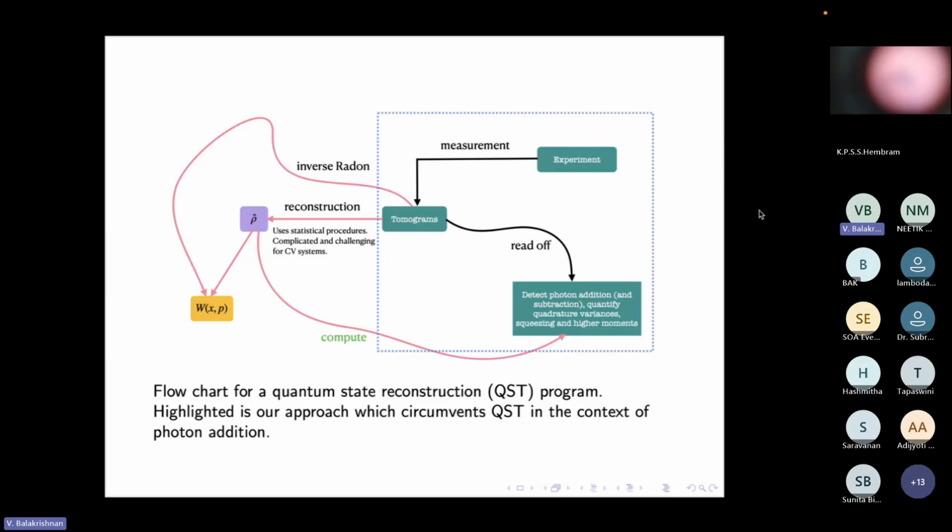Is there a way of reading off these properties, physically relevant quantities, directly from the tomogram through straightforward, simple calculations, which can readily be done? So if you notice, there is this rectangular outline in blue, and that is the area we concentrate on. From the tomograms, read off directly as much as possible whatever properties of the state that could be of relevance.